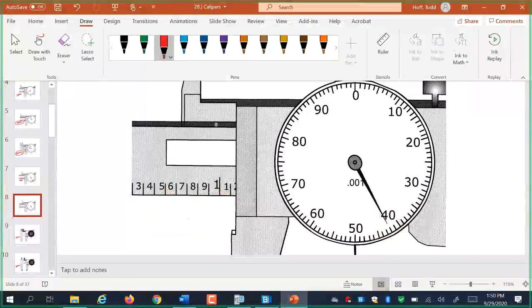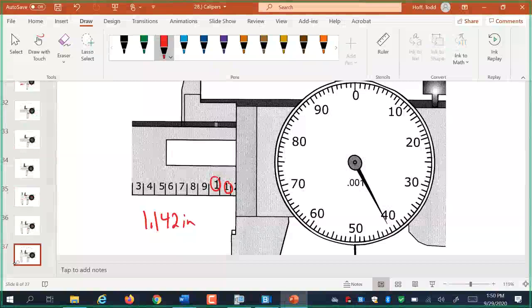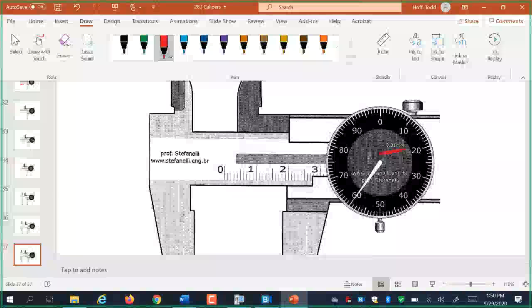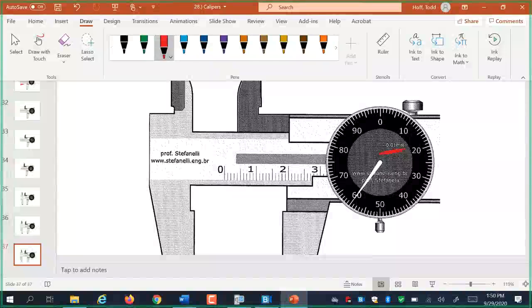This one, I'll give you a second to read it. .142 inches. This one, I'll give you a second to read it. But we have moved it back to millimeters here.